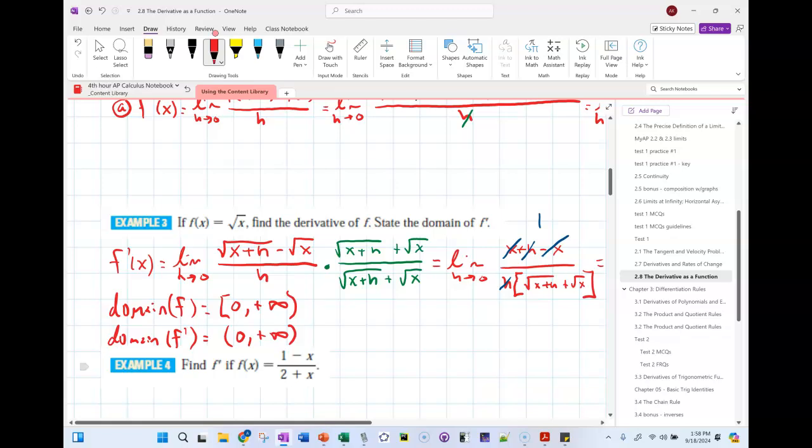I have only positives now instead of all the non-negatives. So what's my takeaway from this? What do I notice? The domain is not the same. The domain for f includes 0. The domain for f prime does not. They are different domains.